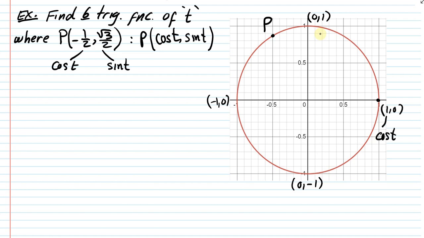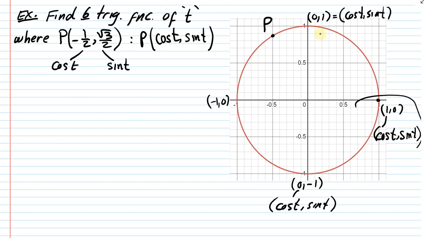We are actually looking at now the trig functions of real number t for different values of t. Like here, for example, t is 0. When t is 0, you see we have just a point on the circle. Then the cosine of 0 is 1, sine of 0 is 0. You see how that works?